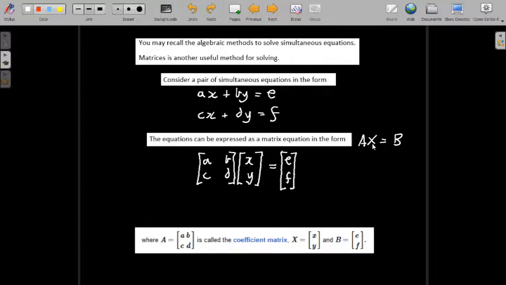So that's the equation expressed as a matrix equation in the form AX equals B. It will look like this. So we've got matrix A, here's our unknowns, and here's matrix B.